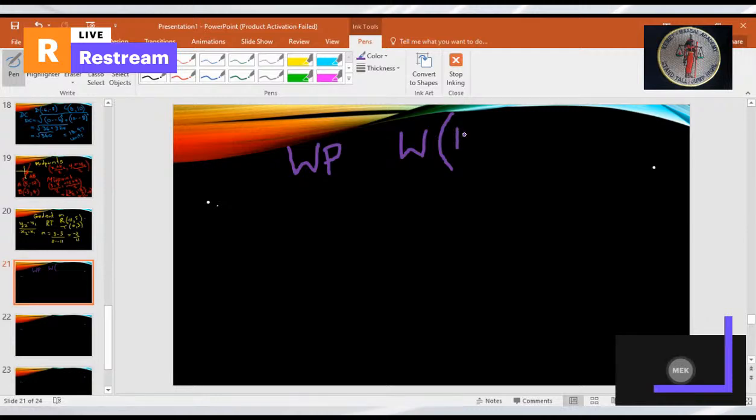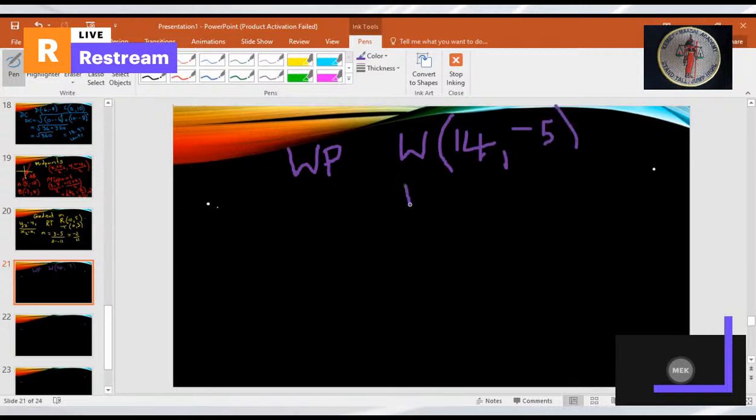So W is 14, negative 5, and P is 6, 0. Find the midpoint and the gradient of this line, and post your answers. Remember, when you're posting your answer, you have to put midpoint equals this, gradient equals that.